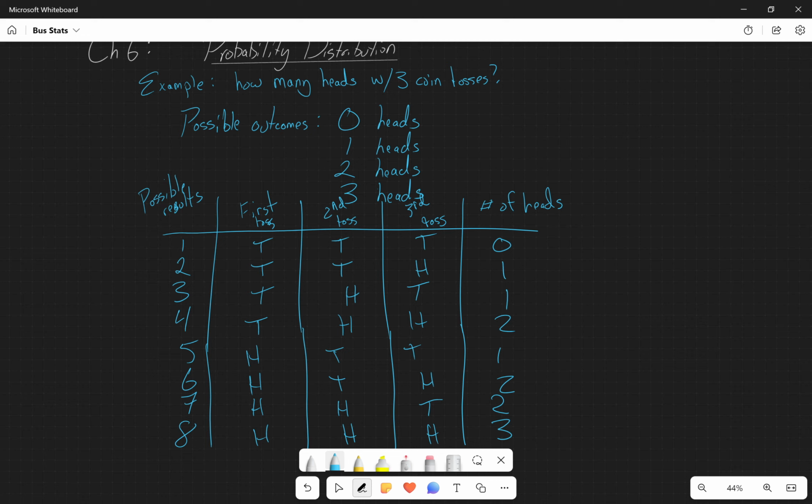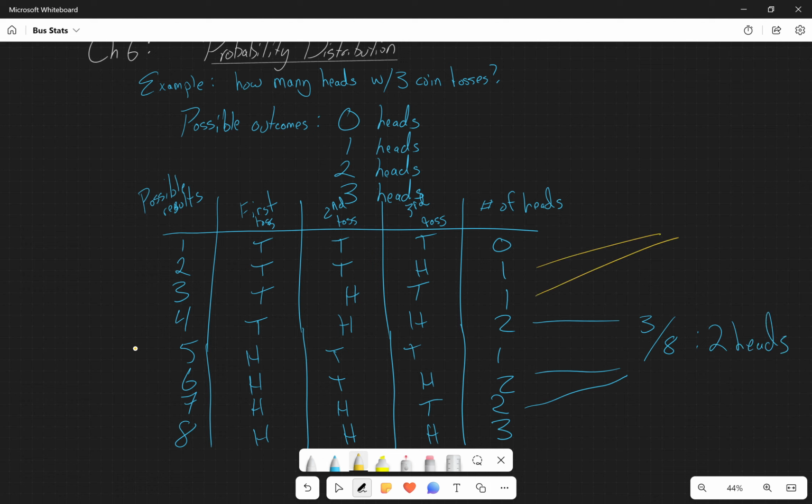So from this data, we can now figure out a probability distribution, right? We know there are 8 possible outcomes. We know that 2 out of the 8 are associated with, or sorry, not 2. Man, I'm having a hard time counting today, right? 3 out of the 8 are associated with 2 heads.